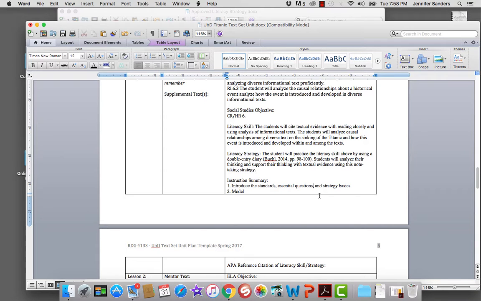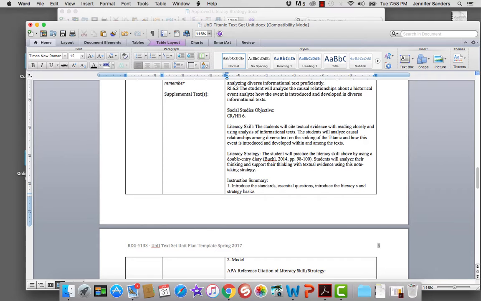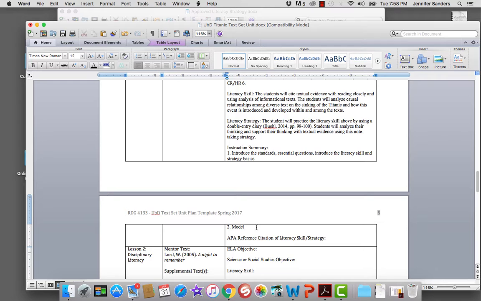Standards, essential questions, and I want to introduce the literacy skill in strategy basics. Okay. And I always focus on why. Why is this important? Why is this important to learn? Okay. Then I model for the students.